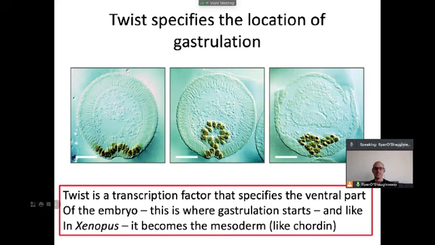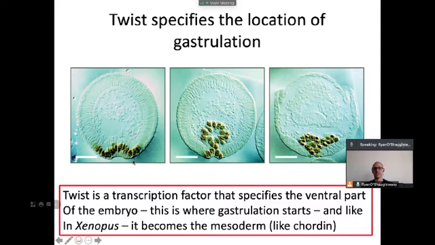So we can see this here. We see twist being expressed, and we're using an antibody to this twist transcription factor, and wherever we see expression of twist, this is the area specifically that will undergo gastrulation.